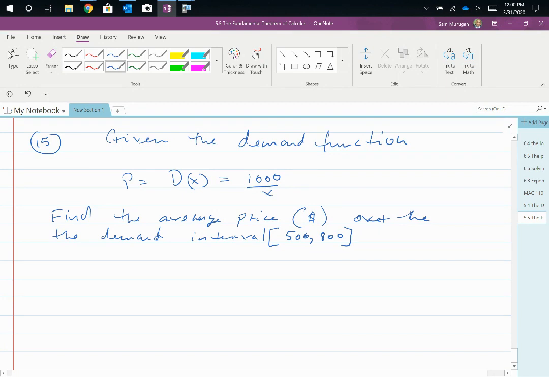Setting up the integral, the average price equals 1 over 800 minus 500 times the integral between 500 and 800 of the function 1000 over x dx.